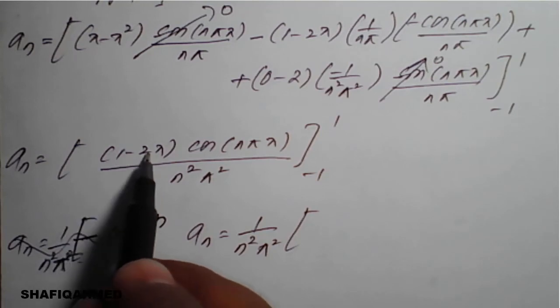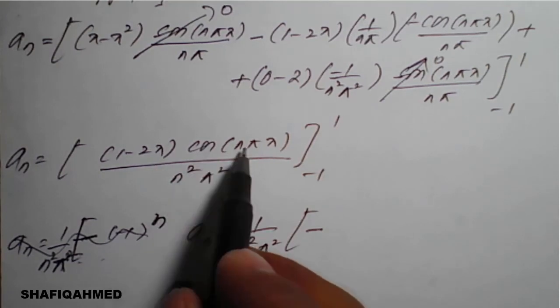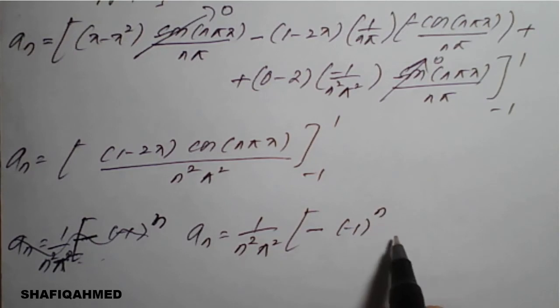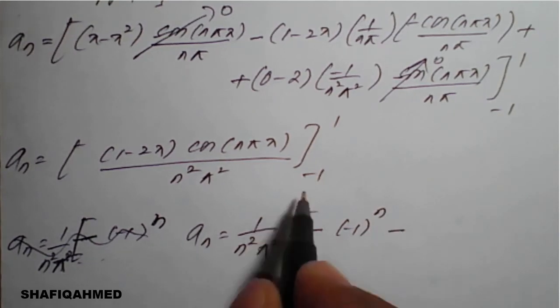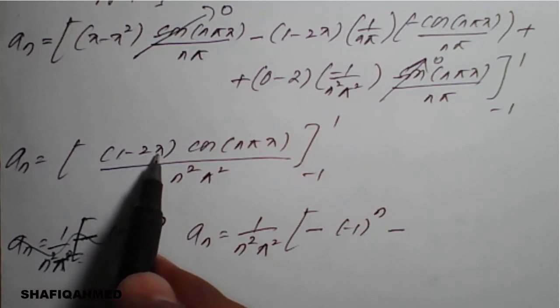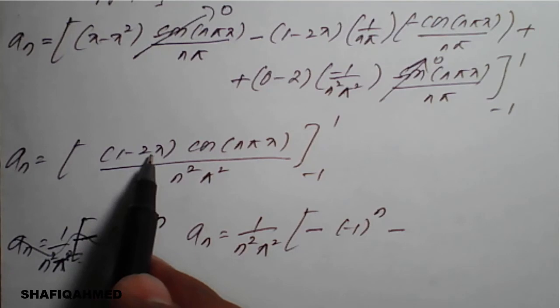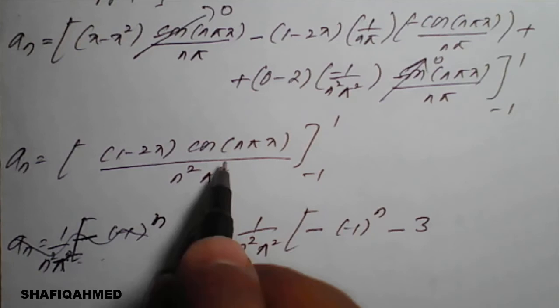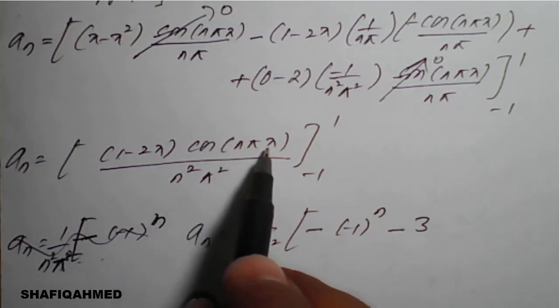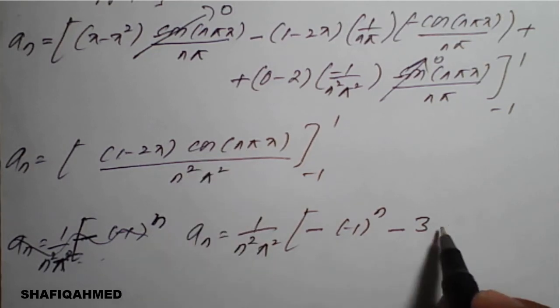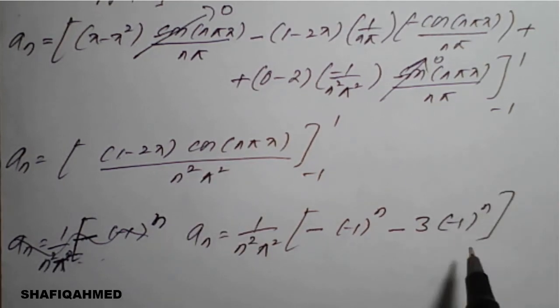If you apply upper limit, 1 minus 2 into 1 is 1 minus 2, which is minus sign, cos of n pi into 1 is cos n pi, which is -1 raised to n. Formula minus, if you apply lower limit, 1 minus 2 into minus 1, it will become 1 plus 2, and 1 plus 2 is 3. Cos of n pi into minus 1 is cos of minus n pi. Cos of minus n pi is again cos n pi, which is again minus 1 raised to n.